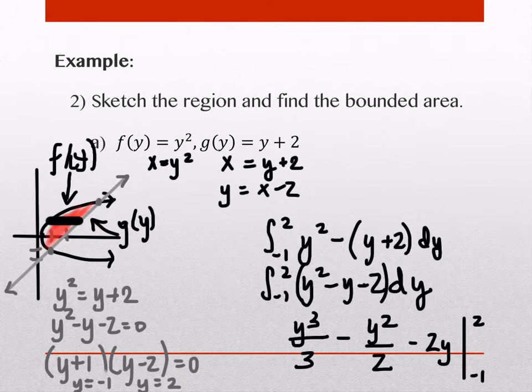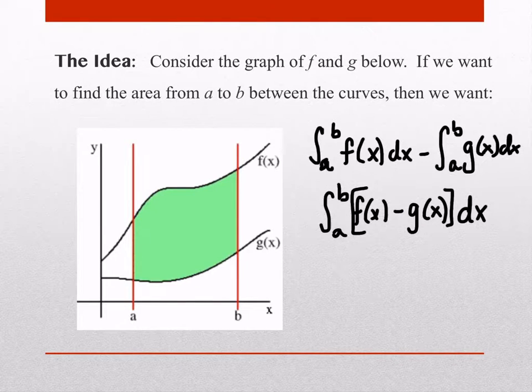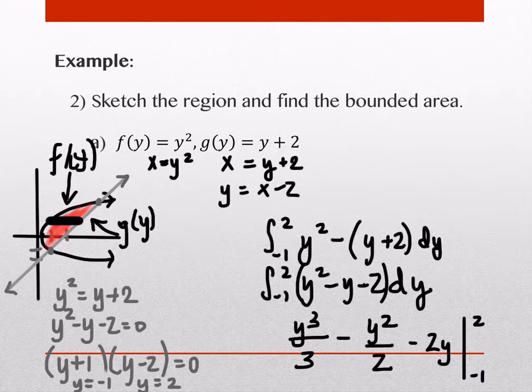Normally, when we're looking at our graphs, say for instance right here, what we're doing is we're finding rectangles like this, right? They're rectangles from the top function down to the bottom function because we're doing everything with respect to x. On this function, when we're working with respect to y, the rectangle should have been drawn horizontally. And so Hannah's exactly right. We should have subtracted it the other direction.